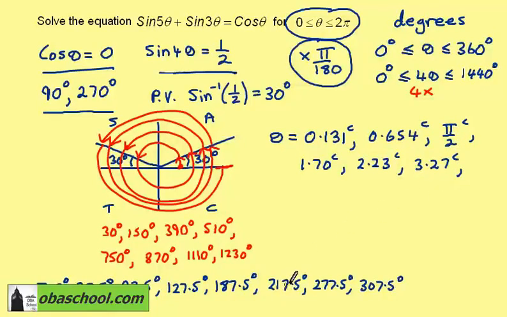The 217.5 will give us 3.80 radians. The 270 is next, and we can give this as an exact multiple of π, 3π/2 radians. The 277.5 gives us 4.84 radians, and the 307.5 gives 5.37 radians.